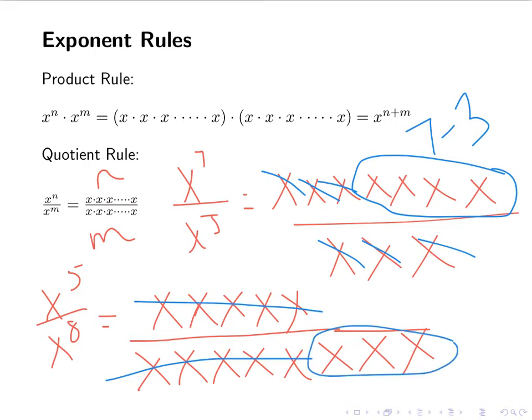How many I have on the bottom is still a difference, but this time it's the denominator minus the numerator, whereas before it was the numerator minus the denominator. So in either case, I'm going to be taking the bigger number minus the smaller number, and if the bigger number is on top, my answer is still in the numerator, and if my bigger number is on the bottom, that's where my answer is going to be.